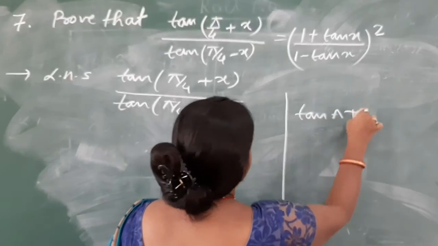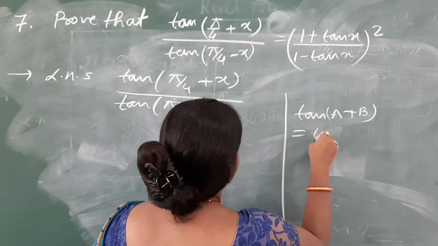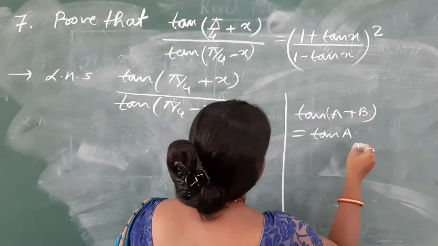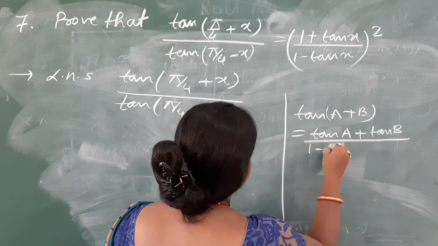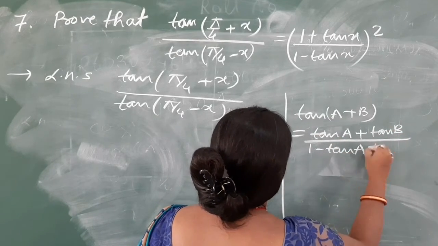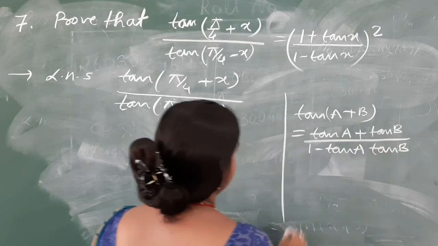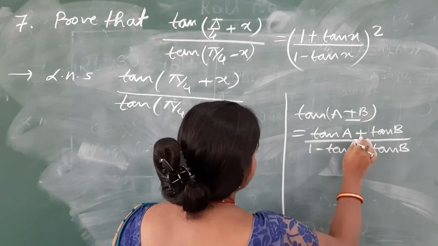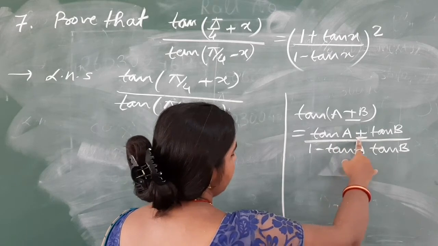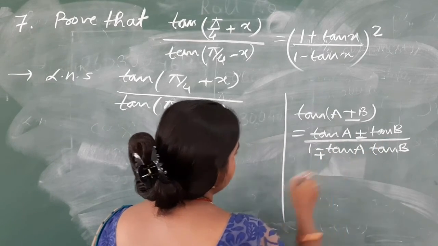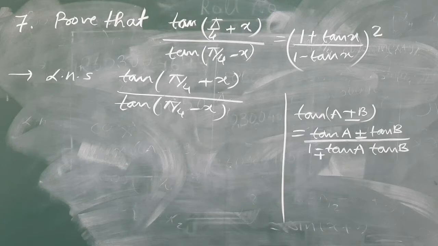We know that tan(a plus b) is tan a plus tan b by 1 minus tan a into tan b. And similarly tan(a minus b) is tan a minus tan b by 1 plus tan a into tan b. So this formula I am going to apply.